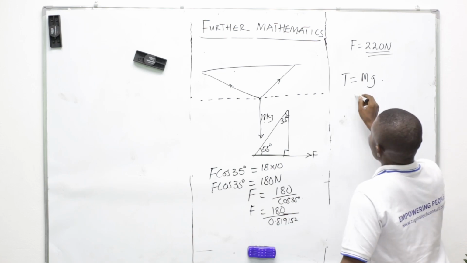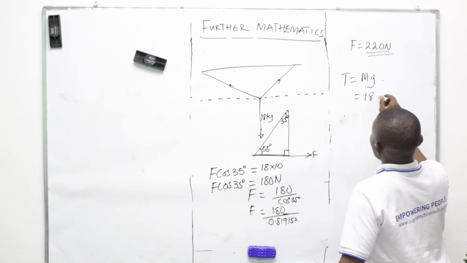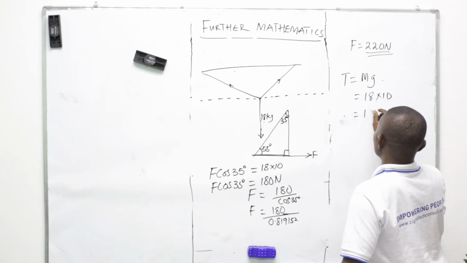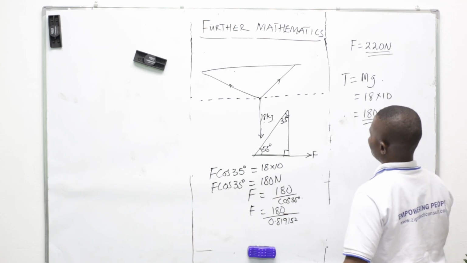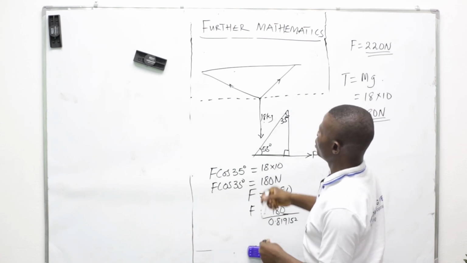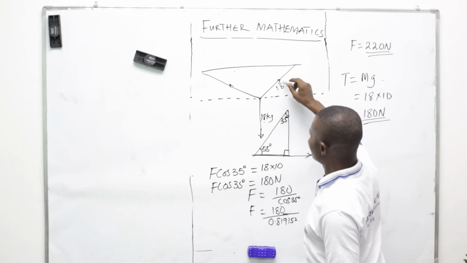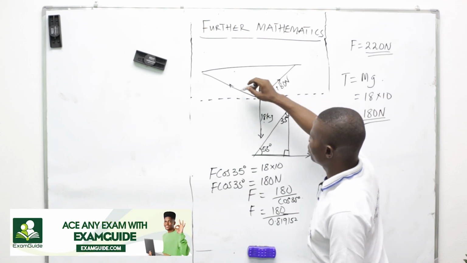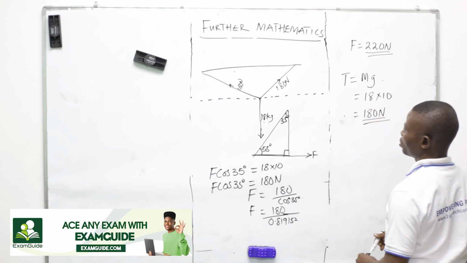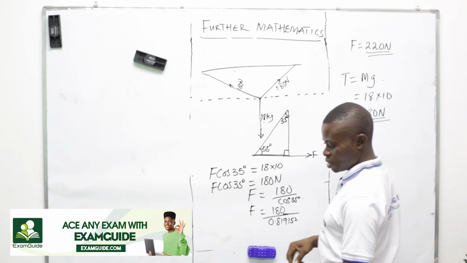What is your m? 18 kilogram times acceleration due to gravity, meaning 180 Newton. The tension in this string is 180 Newton. So that is the tension in the string.